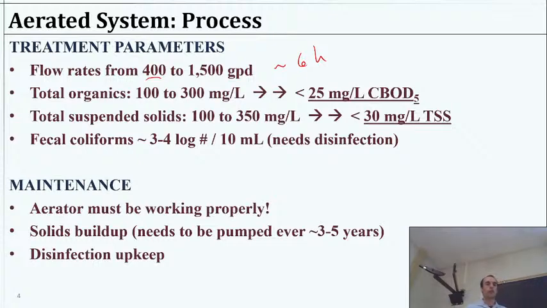Fecal coliforms, they're going to be there, obviously. Typically, in the effluent, you'll have something like 3 to 4 logs, so 1,000 to 10,000 bacteria per 100 milliliters. So that's just a typical value. So for disinfection, if you can reduce that by 2 to 3 logs, you're doing pretty good in making that a lot cleaner.